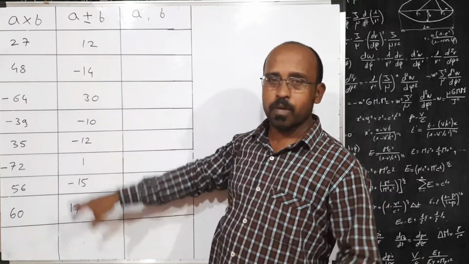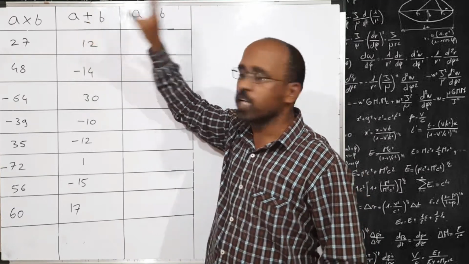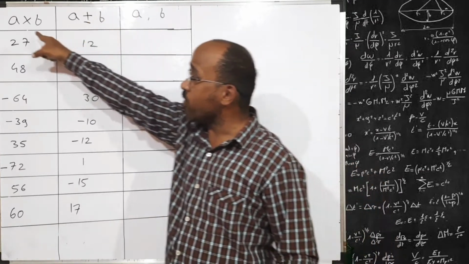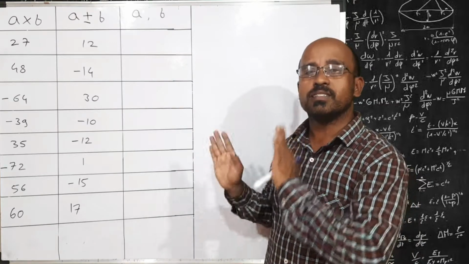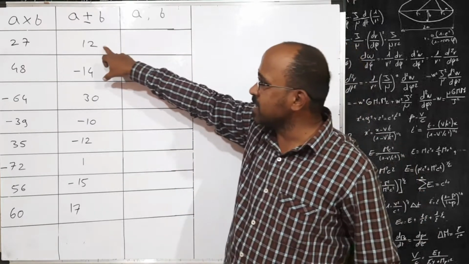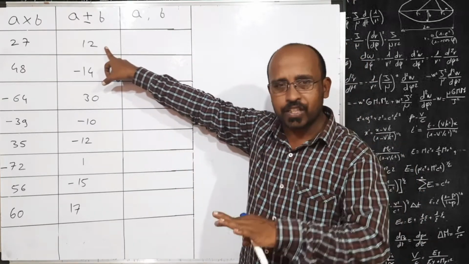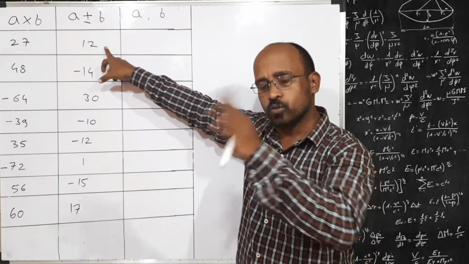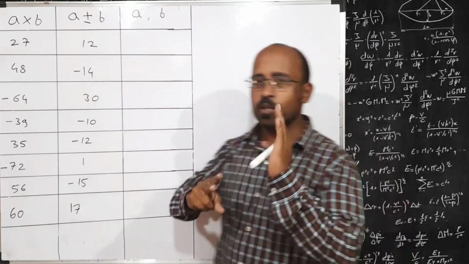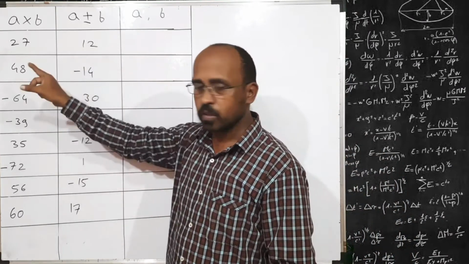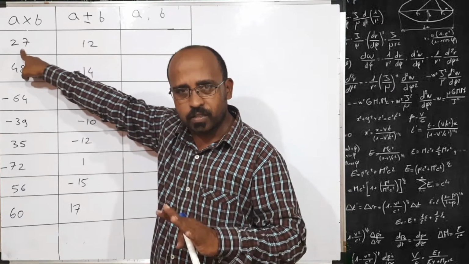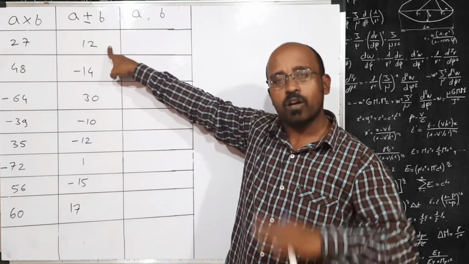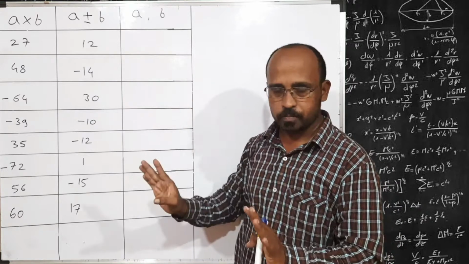In the next column I have written a plus minus b. A and b I have used the same variables, meaning the same numbers. This is the result of either addition or subtraction of those same two numbers. Suppose there are two numbers whose multiplication is 27 and their addition or subtraction is 12.